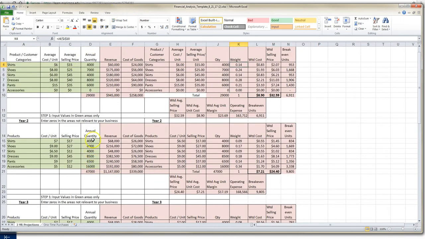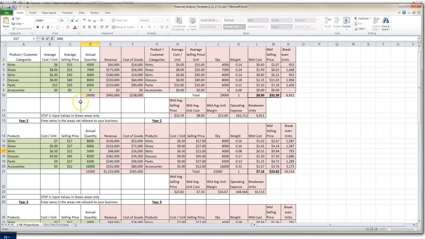And if, for example, we decided to change the number of shoes, we could simply type in a new value. Let's say we're going to go from 4,000 to 8,000 shoes in that second year. And let's say we're going to go from 4,000 to 5,000 skirts. And you can see as you change these quantities, the revenue and the cost of sales numbers will change, as will the weighted cost and the weighted selling price.